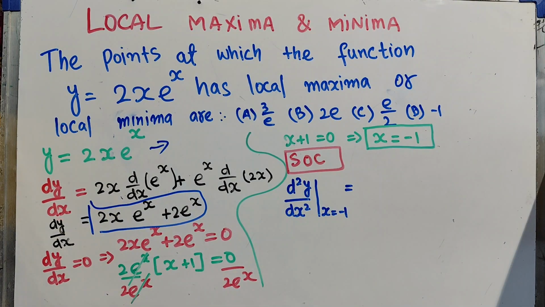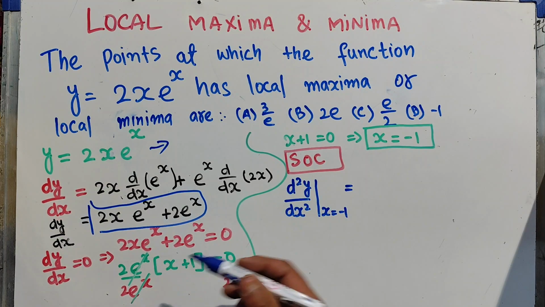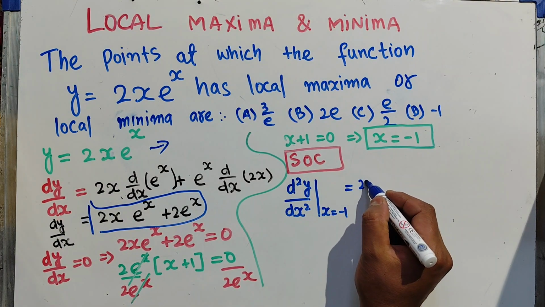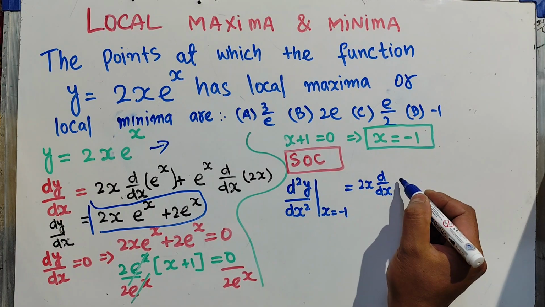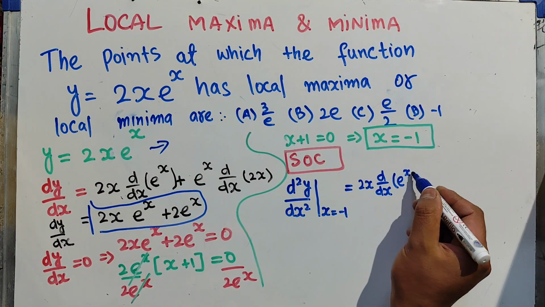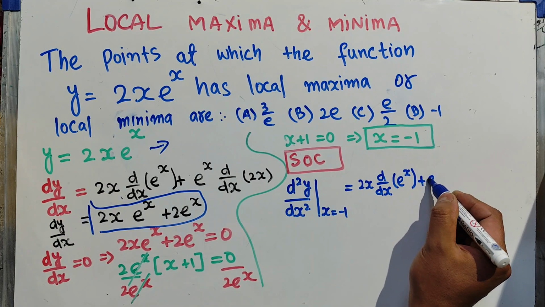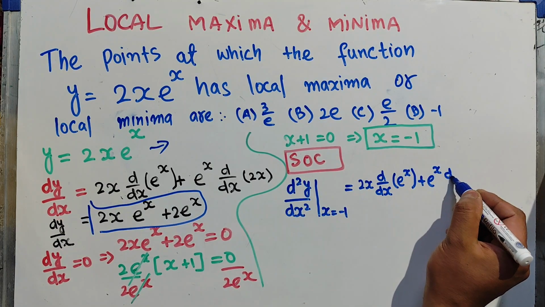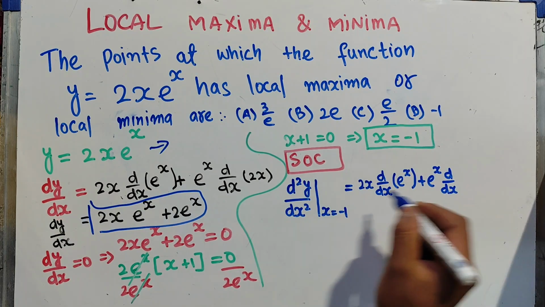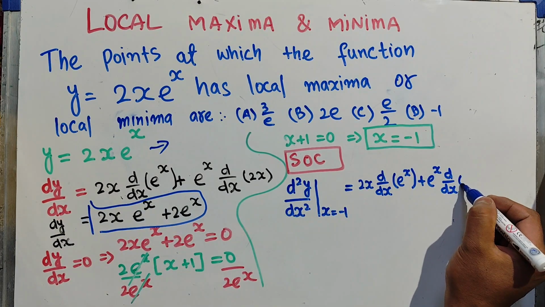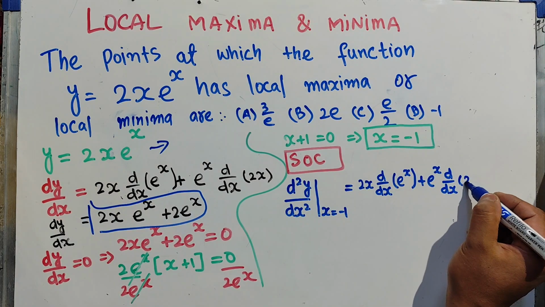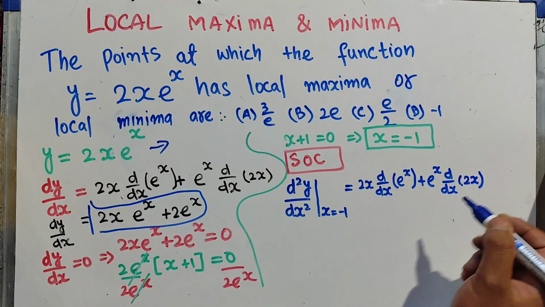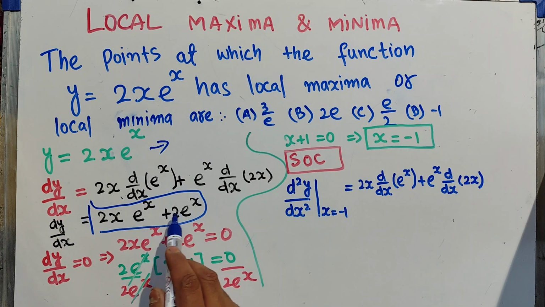Again, in the first term we have two functions, so we apply the product rule. We write the first function as it is and take the derivative of the second function, which is e raised to the power x. Then we write the second function, which is e raised to the power x, and take the derivative of the first function, which this time is 2x.